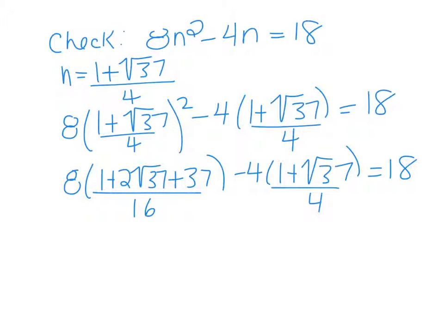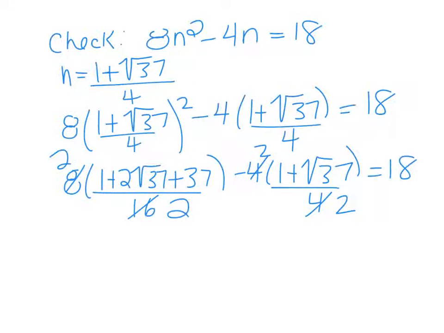So I'm going to do some reductions here. I'm going to divide 8 into the 16 will give us 2. I'm going to divide 2 into each of these, which will give us 2 over 2.